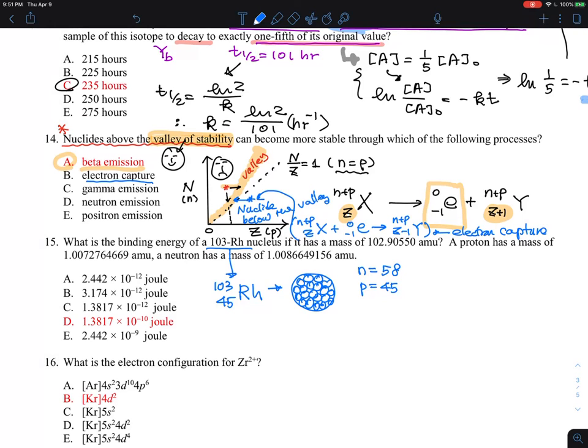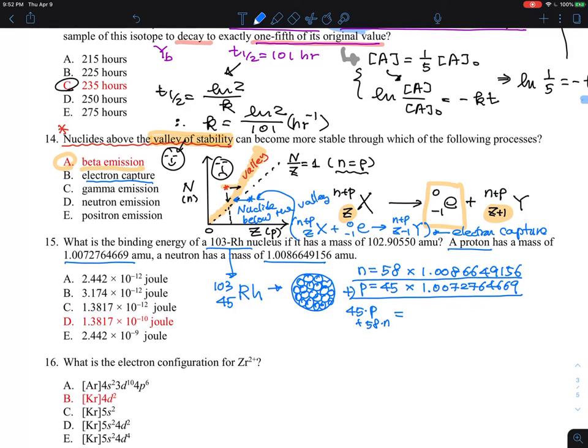And then the 45 protons, the proton has a mass of 1.007276 amu, and the neutron has a mass of 1.008665 amu. As individual particles, this is the weight that's supposed to happen, and if you just add it up, 45 times P plus 58 times N, which is the same number of protons and neutrons as a rhodium nucleus, you will get the number 103.85 something.